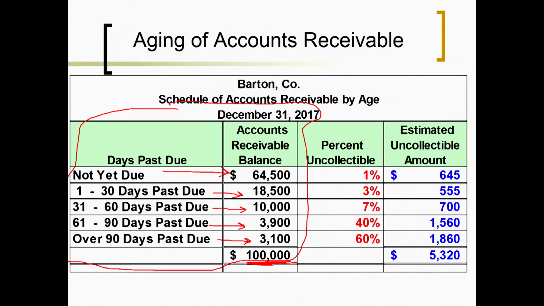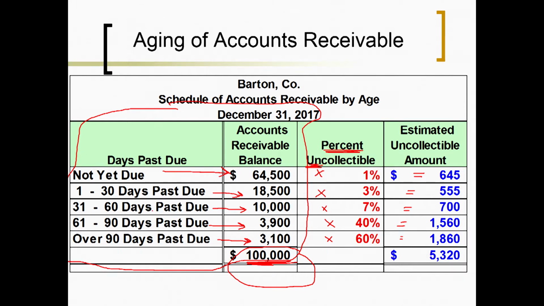Now, in the percentage of total AR method, we would just take a percentage times this number, and that would be the desired ending balance of allowance for doubtful accounts, correct? But in the aging method, we're going to take each one of these aging amounts times a percentage to get that amount in blue over there. Obviously, the older the account, the higher the estimate of uncollectability.